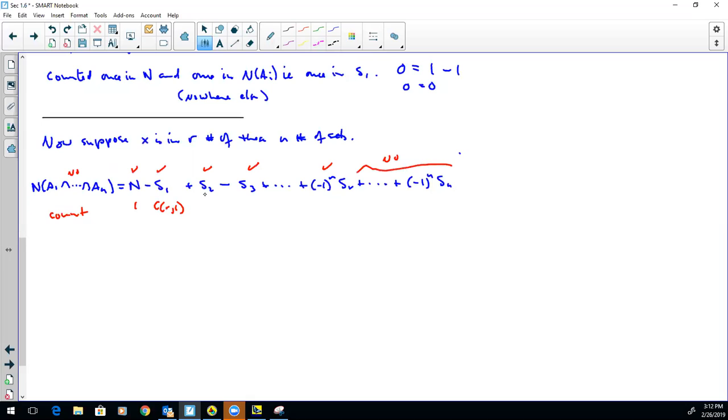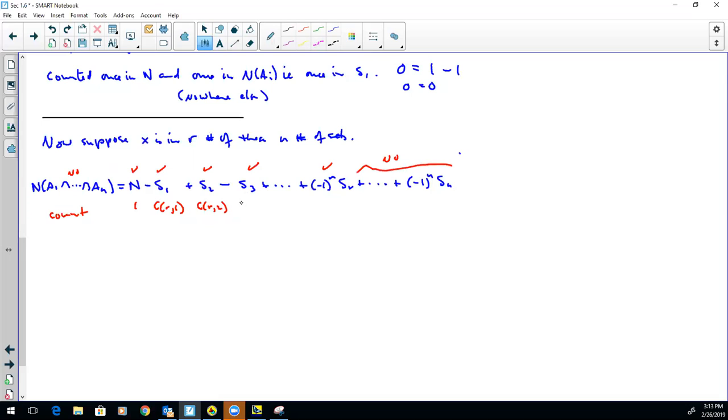This counts up the intersection of two sets at a time. Now, X is in R number of these sets, so it's in R choose 2 of these. It's counted R choose 2 times here. Okay, S3 is the intersection of 3 sets at a time.